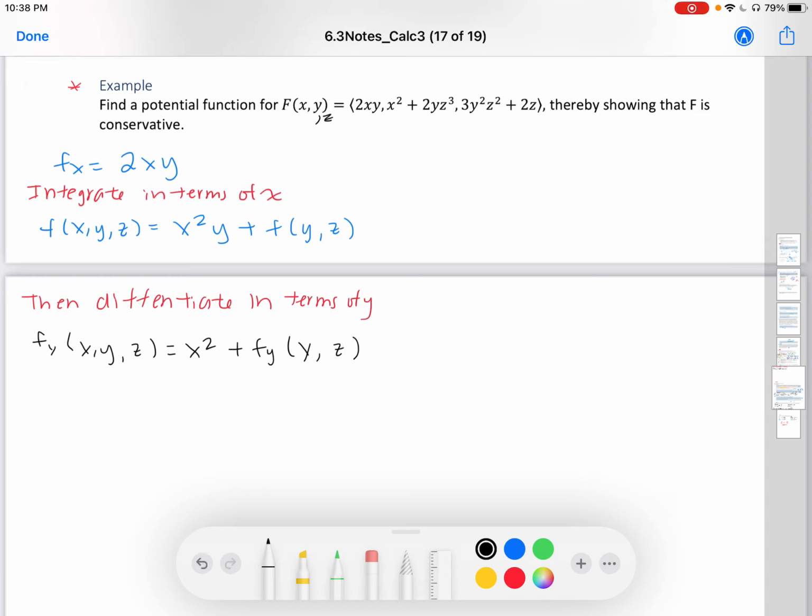So all we did was took the derivative in terms of y, there's just one y there. Instead of writing a prime, we have 2 other cases to keep track of, so we use a subscript of y to let us know we took the derivative in terms of y.